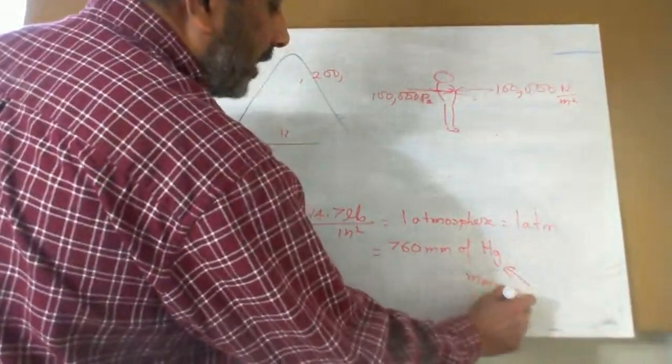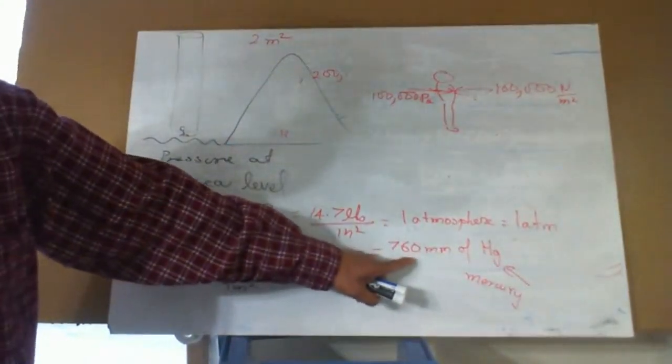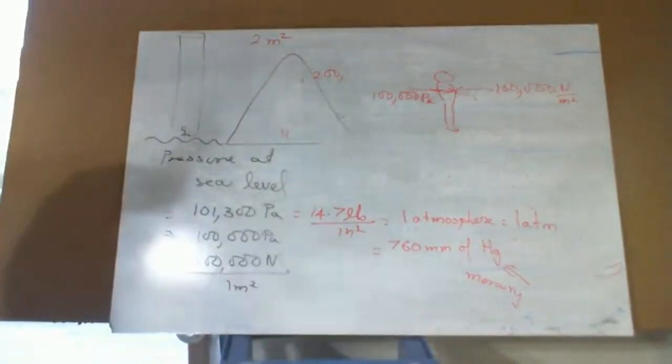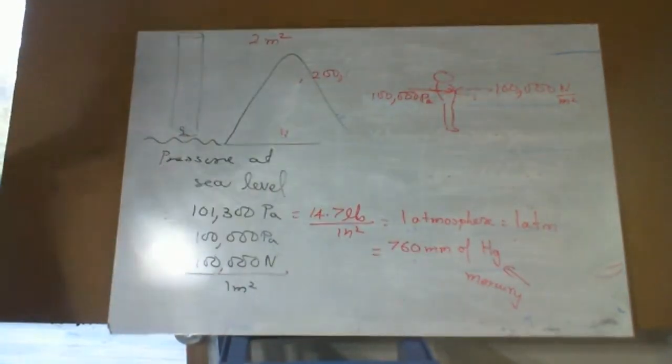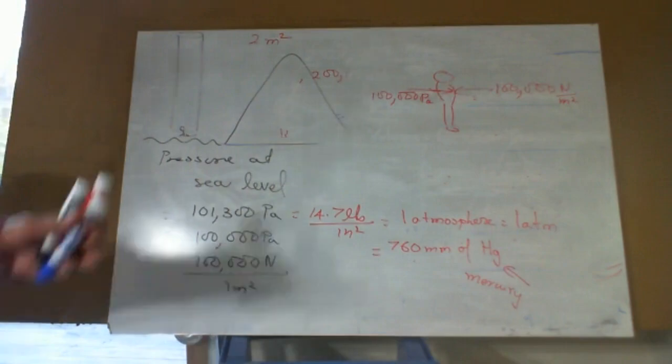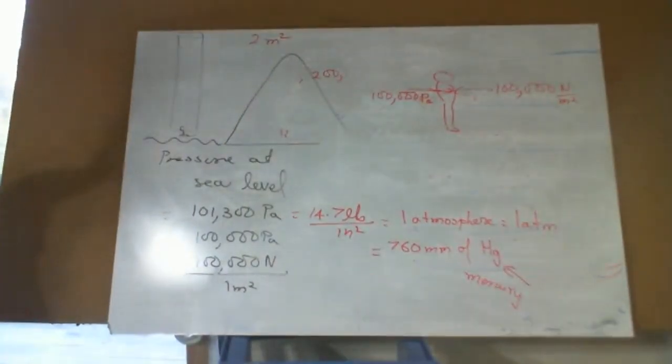I'll explain why. This pressure will support this length of mercury in a tube called a barometer. So sometimes they say the pressure is 760 millimeters of mercury.